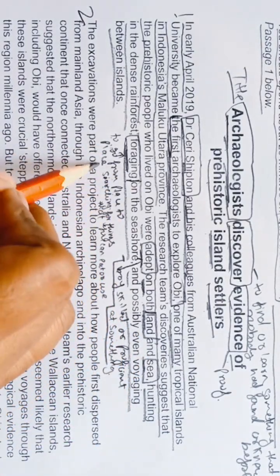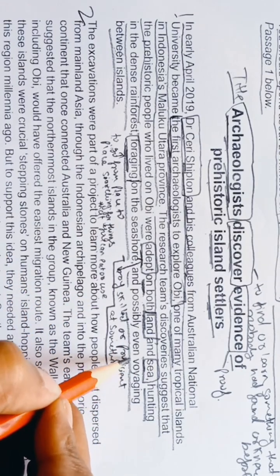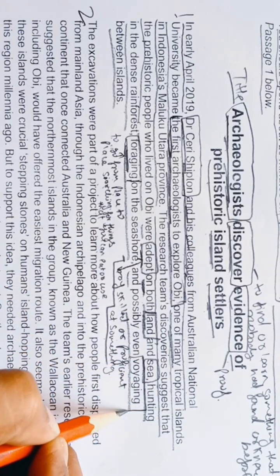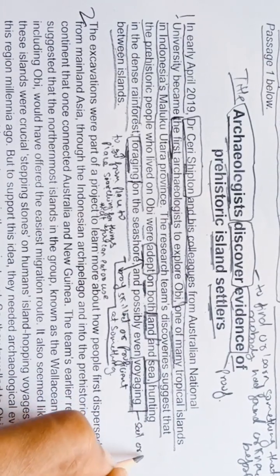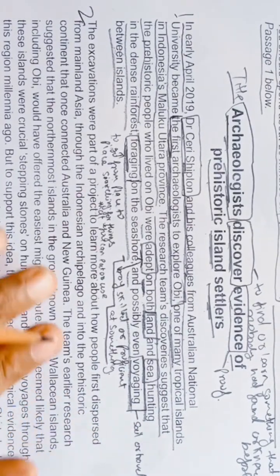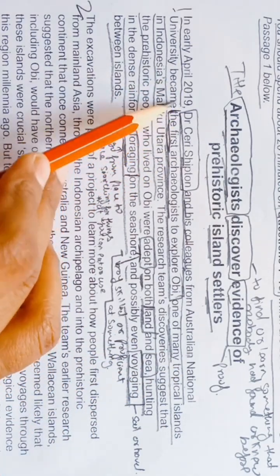What do you mean by voyaging? Voyaging means sail or travel.